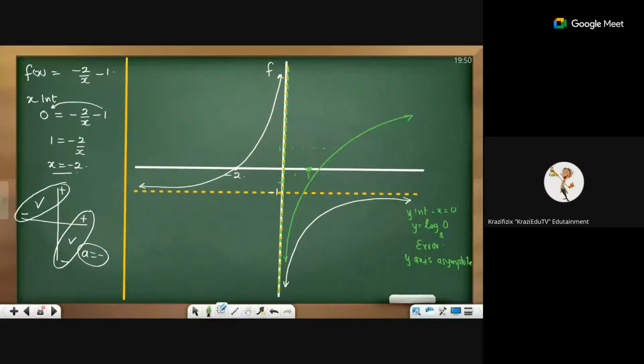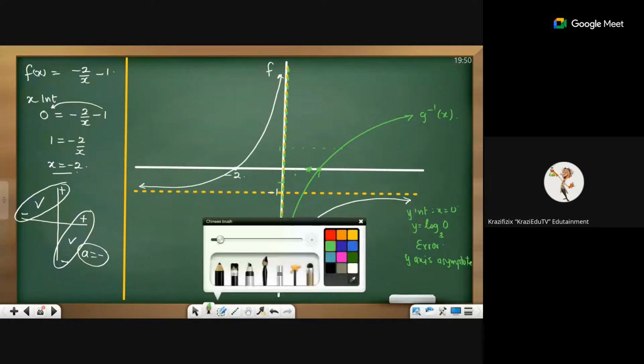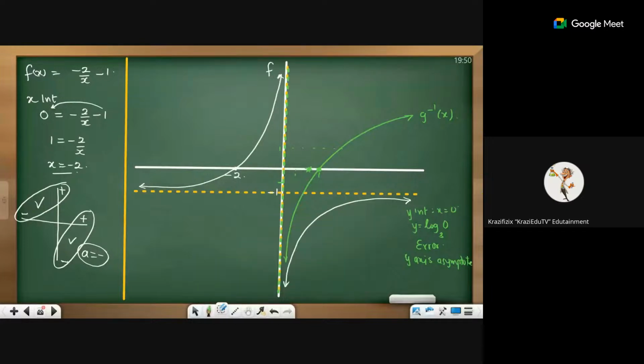The most important point is that one. G inverse. Always find your intercepts. And that is my graph. Possibly there's going to be a point of intersection, but we're not interested in that at the moment.